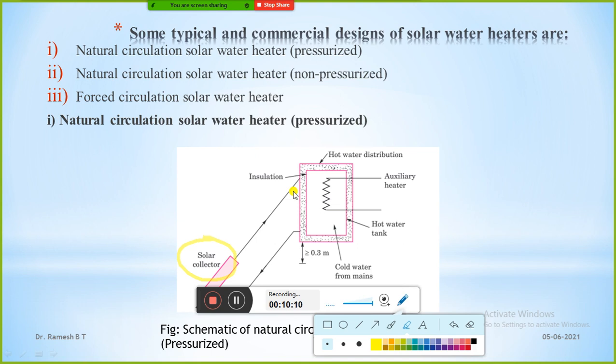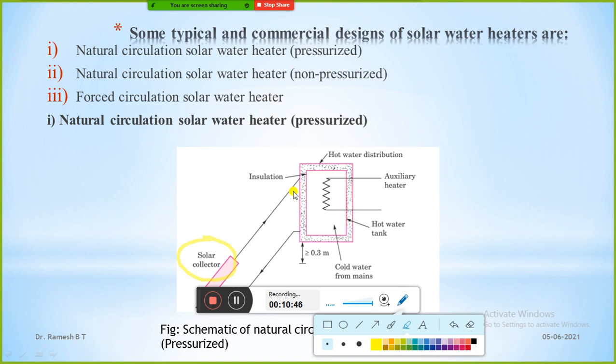Once the sun sets, there is no sun available, so this process stops. Slowly it starts reversing: the hot water present in the tank will lose heat, become denser, and move back.